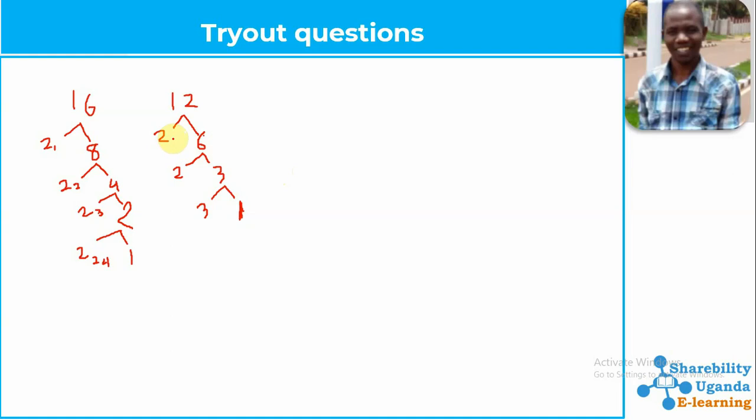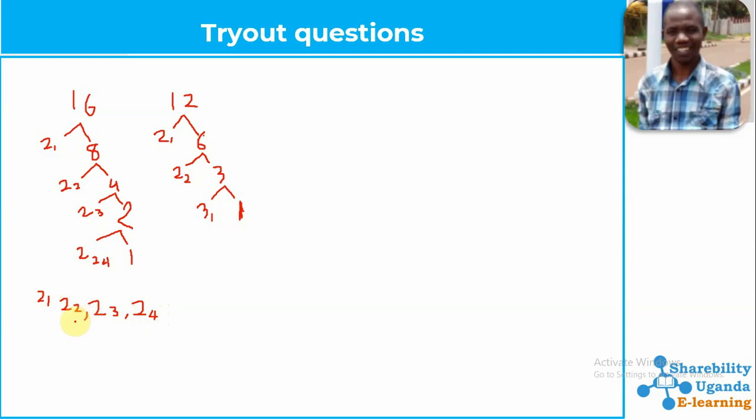So this simply means that here we have a 2 appearing for the first time, a 2 appearing for the second time, then we have our 3 appearing for the first time. Then we said that for us to be able to know the intersection and the union, we can now arrange our 2^1, 2^2, 2^3, then our 2^4.